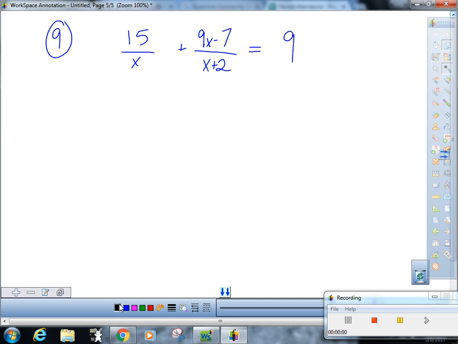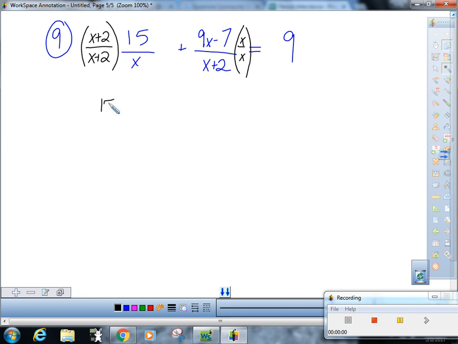Very good. Okay, so we're going to multiply this by x plus 2 over x plus 2, and we're going to multiply this one by x over x. Keep in mind, all we did was multiply those things by 1, and we are allowed to multiply anything by 1 that we want. So now we've got to distribute.